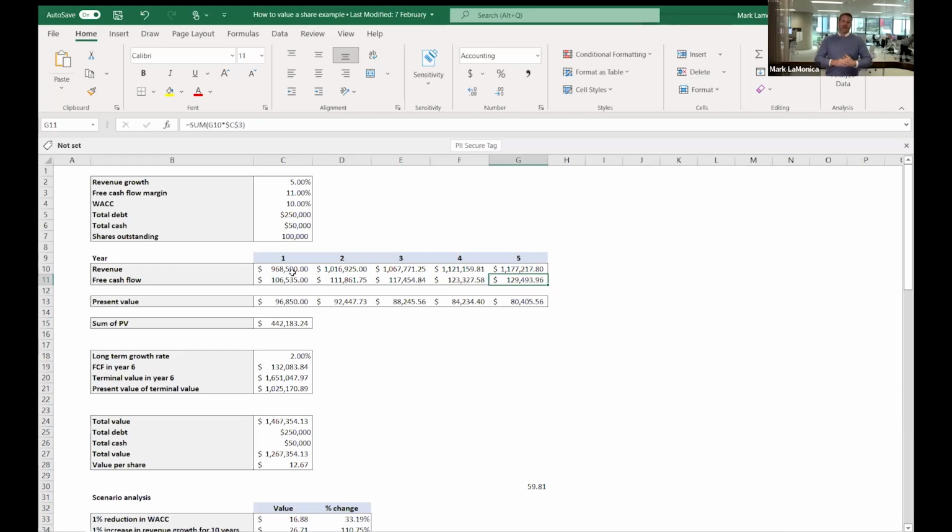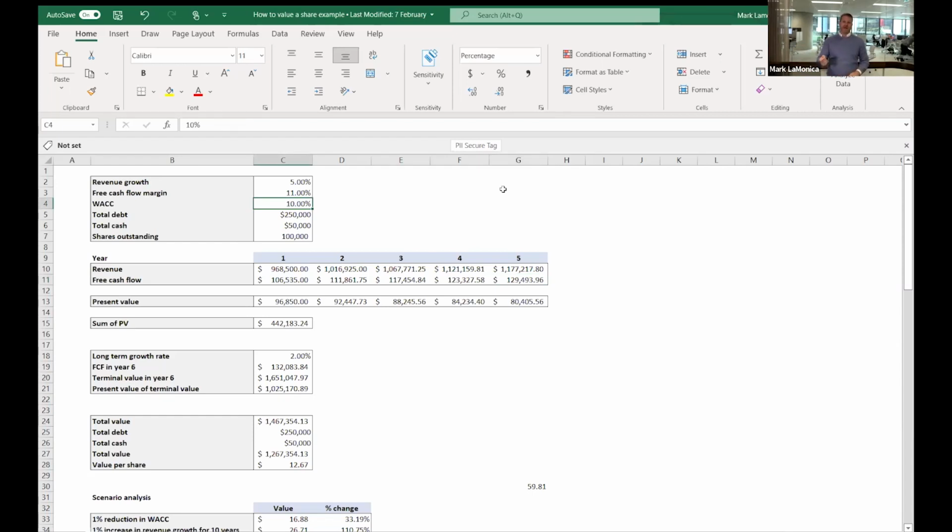And so the weighted average cost of capital represents what does it cost for the company to go out there and source capital, source money from either borrowing it through like a bank or issuing bonds, or from raising it through equity capital. And I won't go through all the intricacies of how this is calculated, but very simply, this is our discount rate.